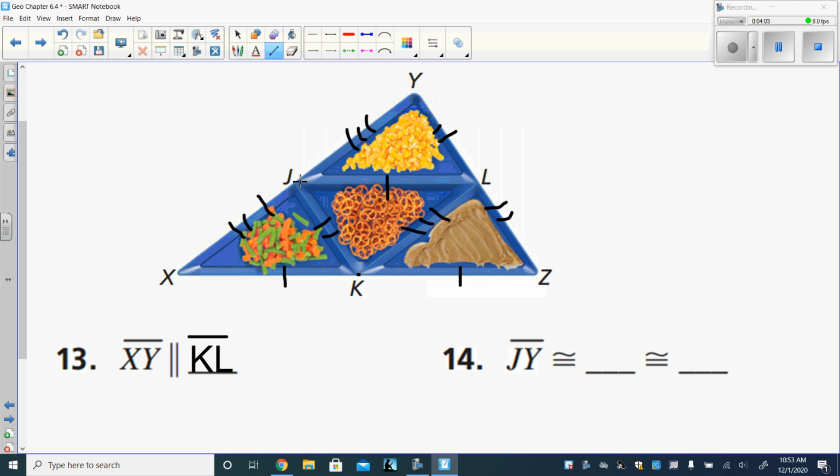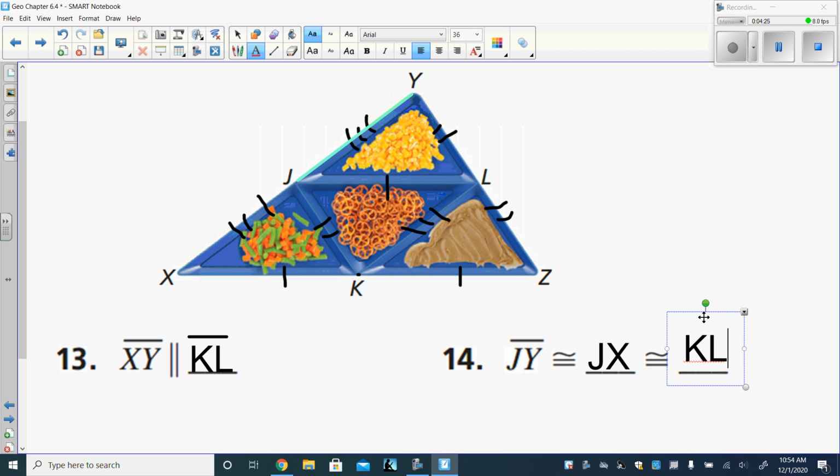JY is this segment here. One of the segments that is going to be congruent to it is the other half of that line, which is JX, because J is a midpoint. Its mid-segment would be KL. So JY, JX, and KL are all congruent because of our properties of mid-segments. They all work out to be the same length.